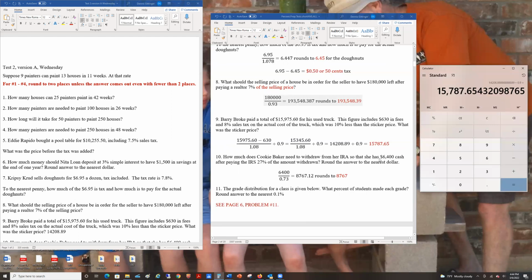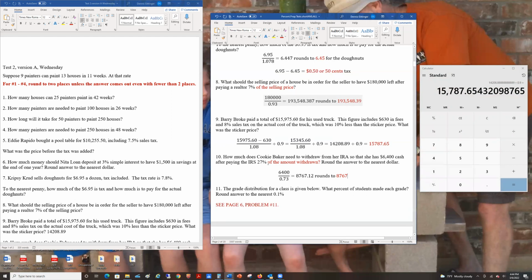In this case, you have some money that you're going to withdraw. In number 8, you had some money you wanted left over after 7% of the selling price goes to a commission. So in number 10, 27% of the amount withdrawn is not 27% of 6,400. 6,400 is the other 73% because 100% minus 27% is 73%.